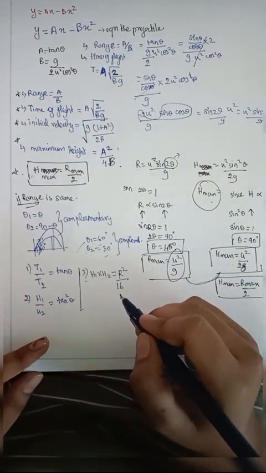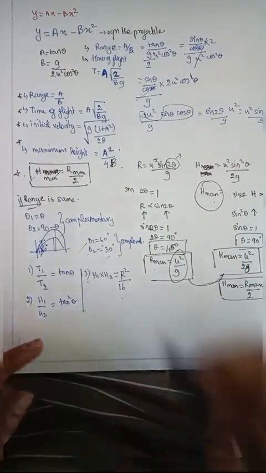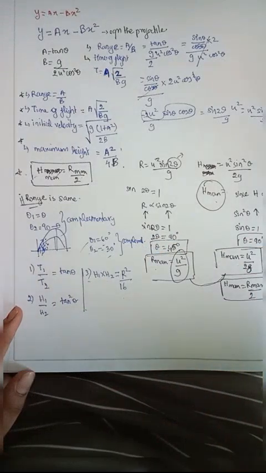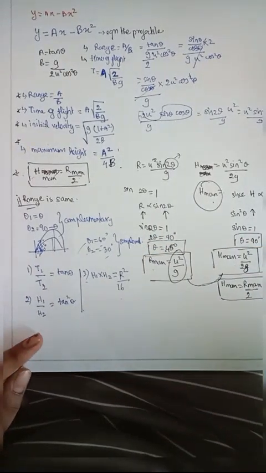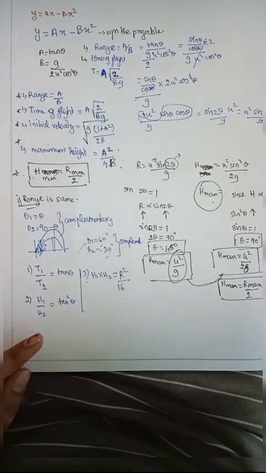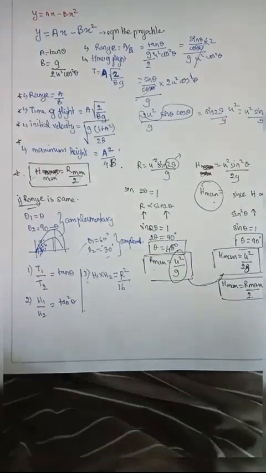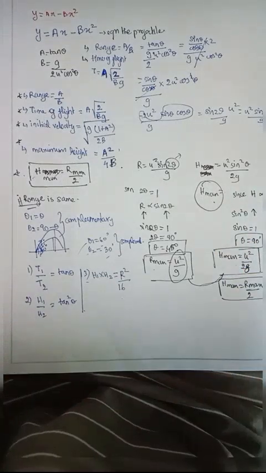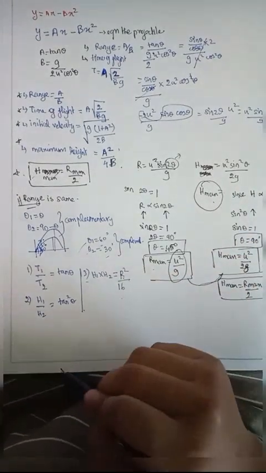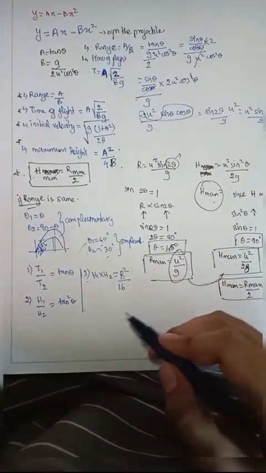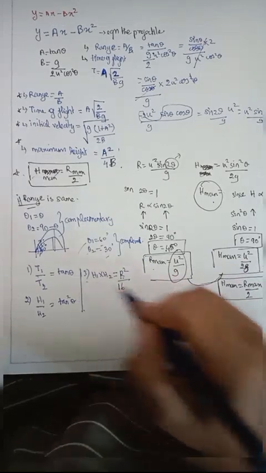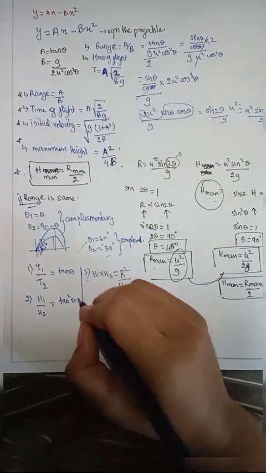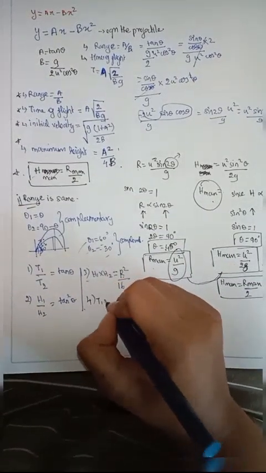H1 is the maximum height reached by the projectile when projected with angle 30 degree, and H2 is the maximum height reached when projected with angle 60 degree. Since these two are complementary angles, if they give a range, you have to consider range R, and consider this as one relation only.